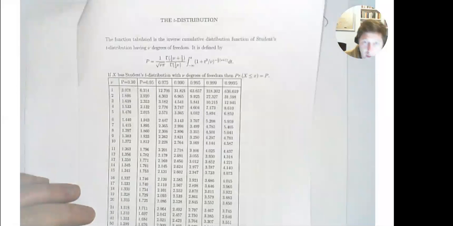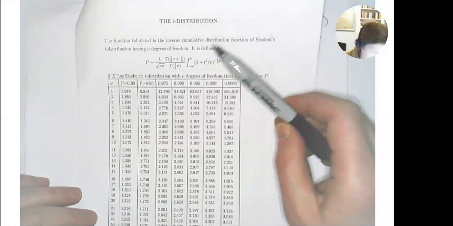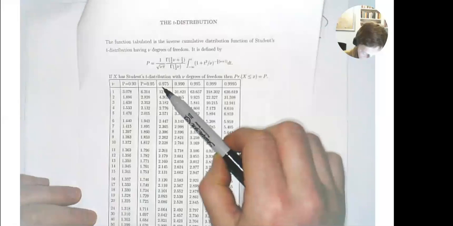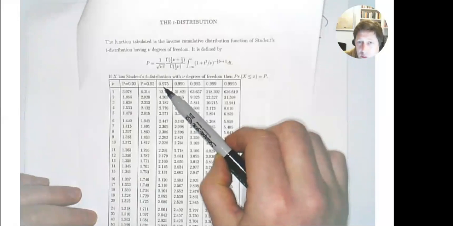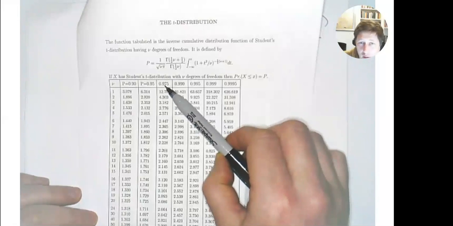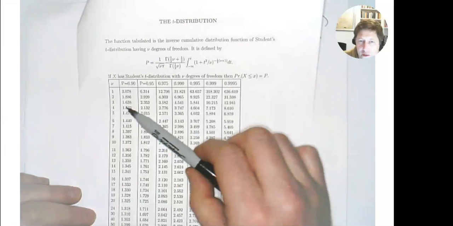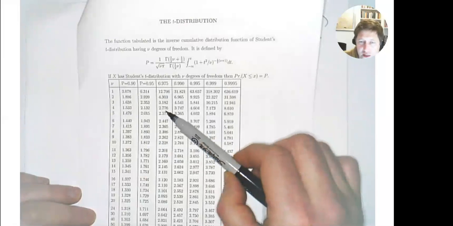So this is the t-distribution from our tables. It's two-tailed, with 5% confidence, so we're looking for 0.975 with n minus 2. N was the number of samples, which was 6. So 6 minus 2 is 4. That's our degrees of freedom. So that's 2.776.